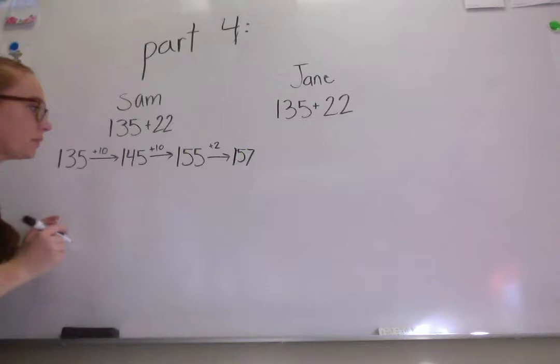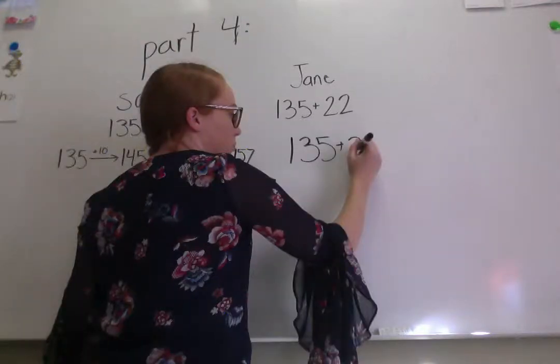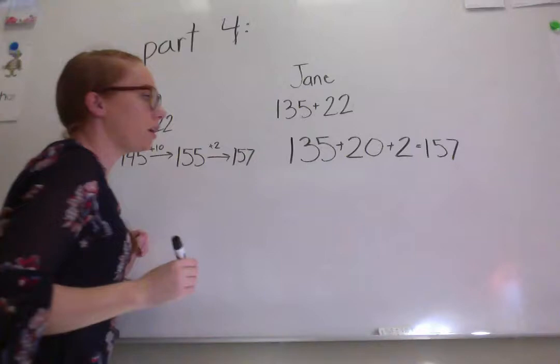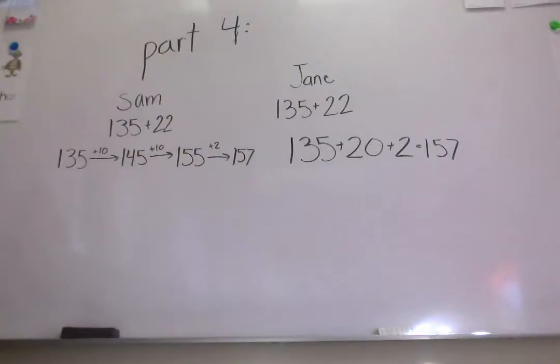She's going to go 135 plus 20 plus 2 equals 157. Now, if you look, they both have the same answer. So since they both have the same answer, you know that they're both correct.